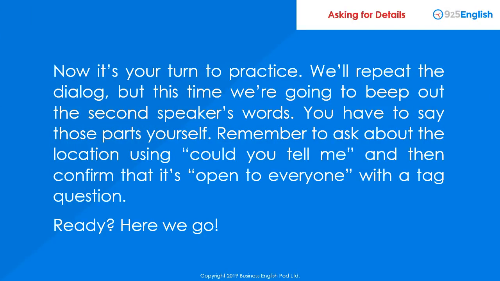We'll repeat the dialogue, but this time, we're going to beep out the second speaker's words. You have to say those parts yourself. Remember to ask about the location using, could you tell me, and then confirm that it's open to everyone with a tag question. Ready? Here we go.